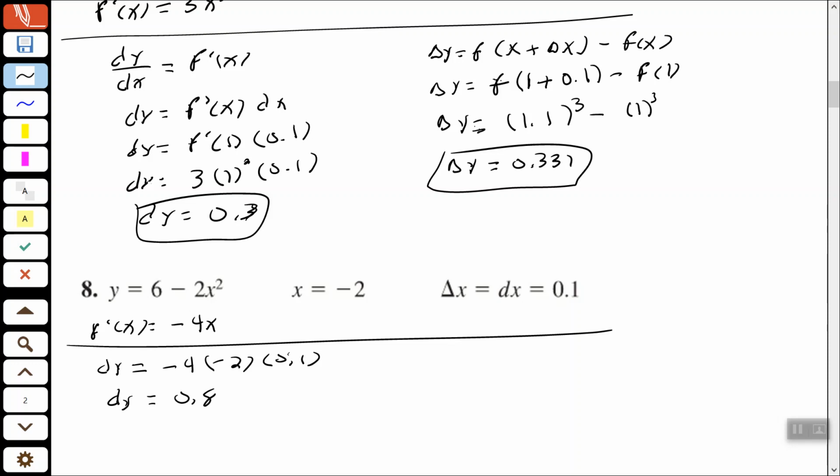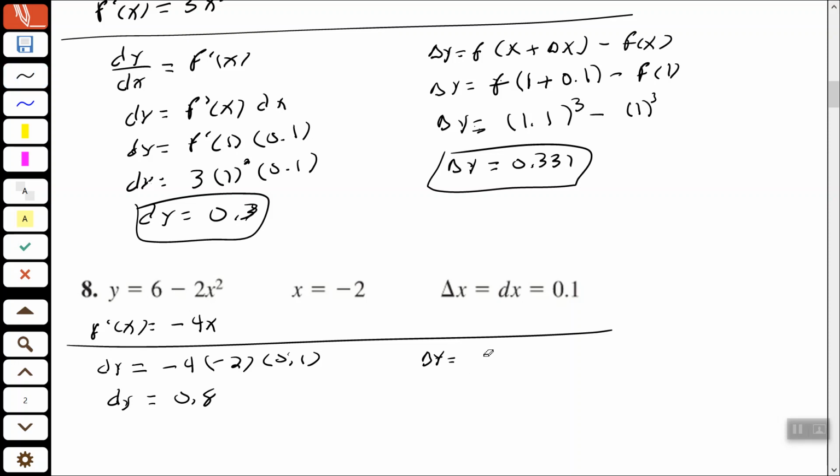So the change in y, we have f of x plus dx, so negative 2 plus 0.1, negative 1.9. So let's plug that in.